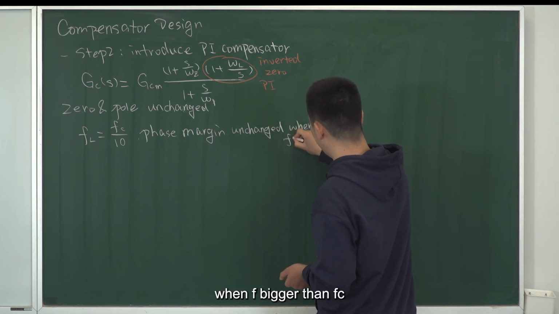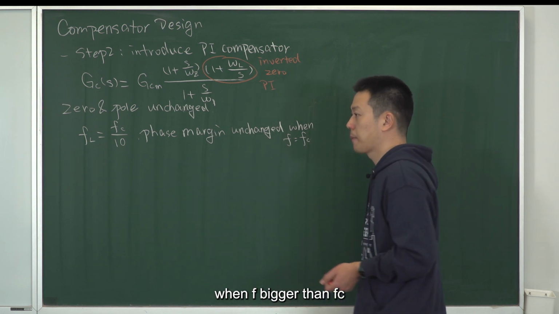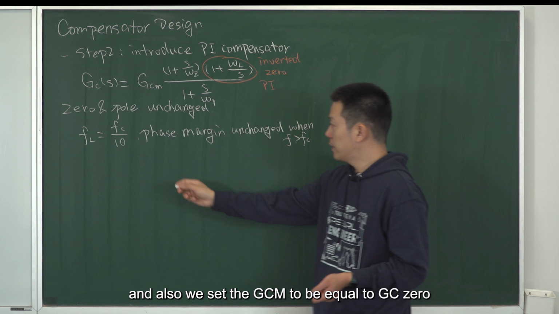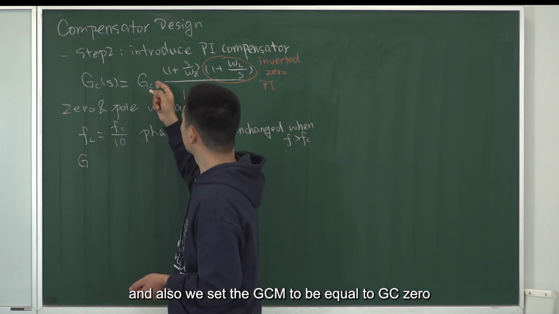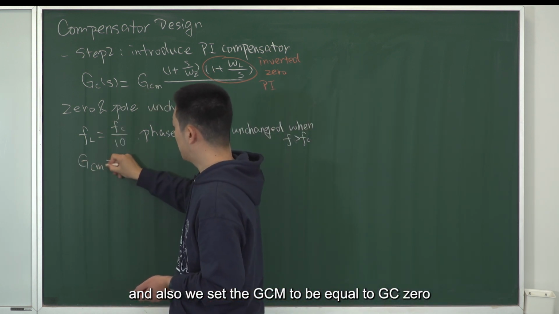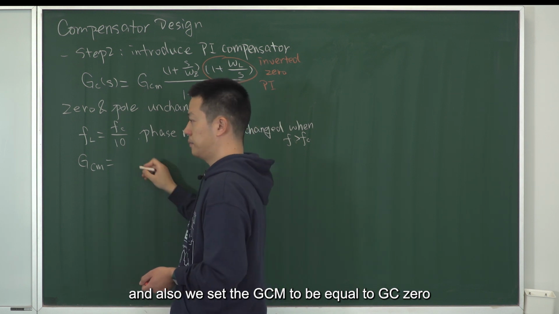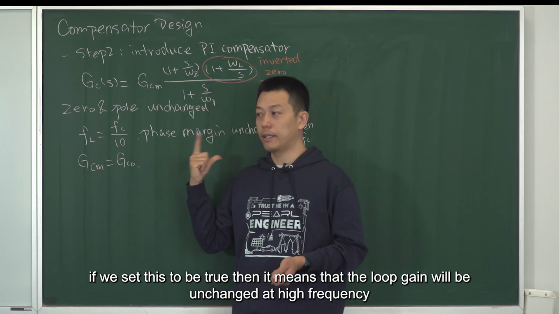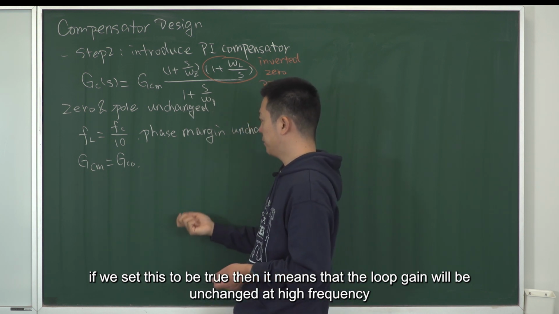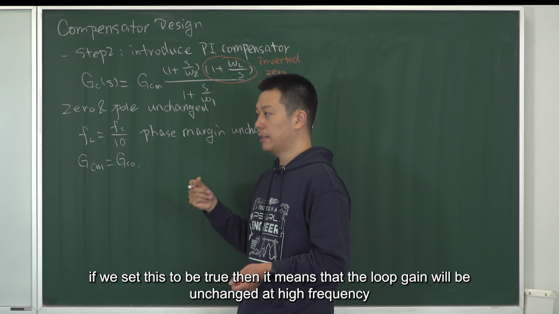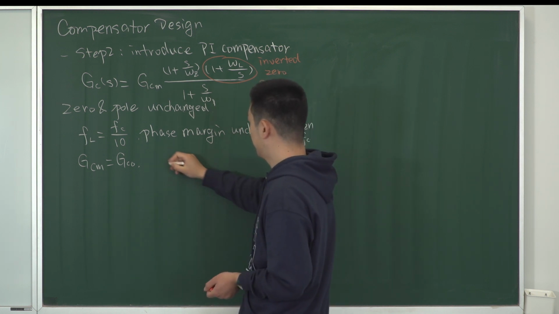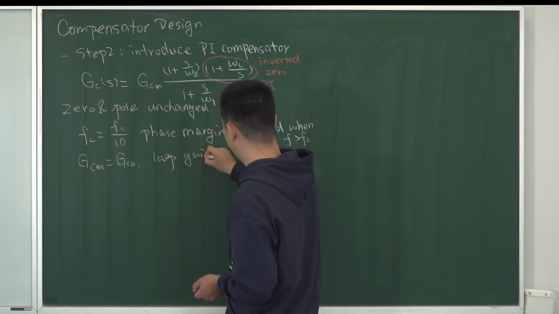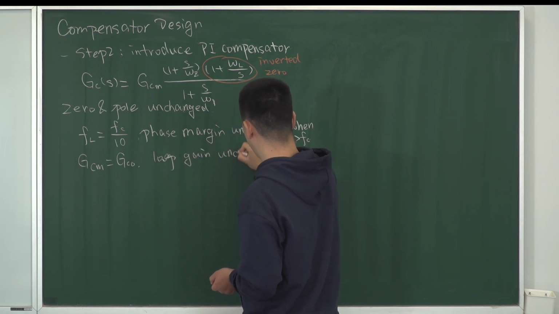When f equals to fc, f bigger than fc. And also we set the Gcm, the DC gain Gcm, to be equal to Gc0. If we set this to be true, then it means that the loop gain will be unchanged at high frequency.